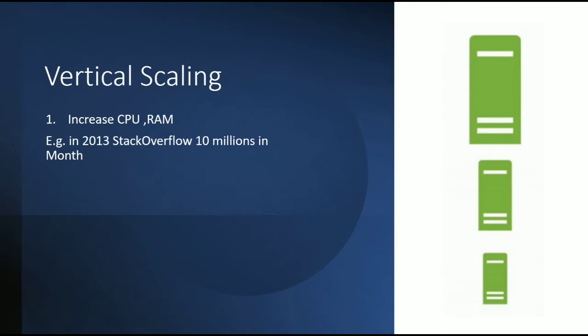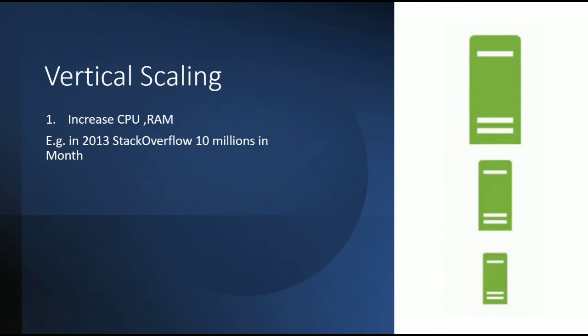I have seen that AWS currently supports 24 TB of RAM. To purchase this type of hardware, you have to spend a lot of money, and it will be a costly setup compared to horizontal scaling.